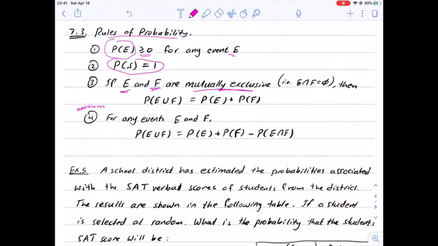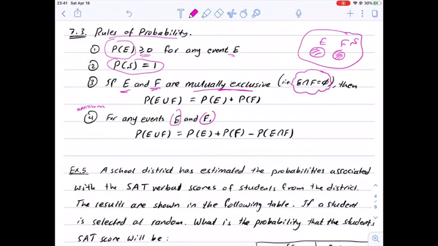And if E and F are mutually exclusive, and by mutually exclusive, as we discussed in a previous video, we mean that the intersection is phi. That means they are disjoint. If they are disjoint, then the probability of the union is the probability of E plus the probability of F.